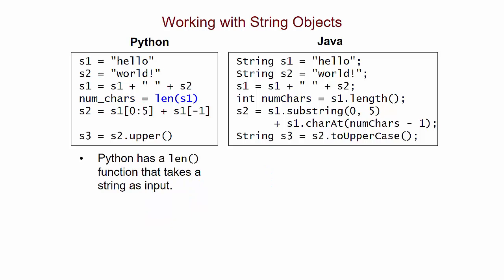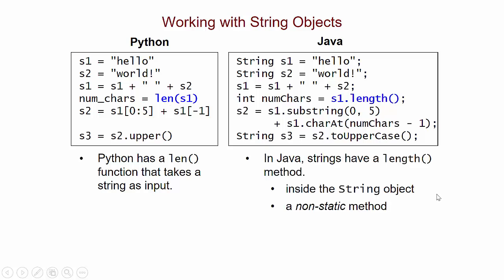Now, if you look at the len function, that's how we found out how many characters were in the string S1 when we were doing it in Python. But there is no comparable function in Java. Instead, there is a length method that is inside the string object, and so we call it using dot notation.